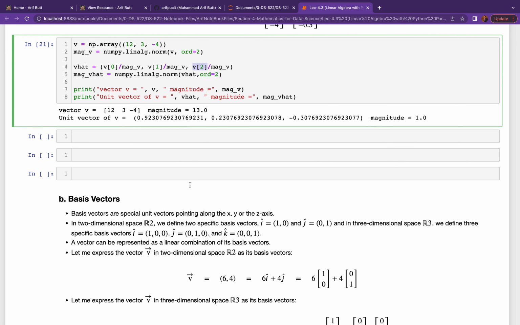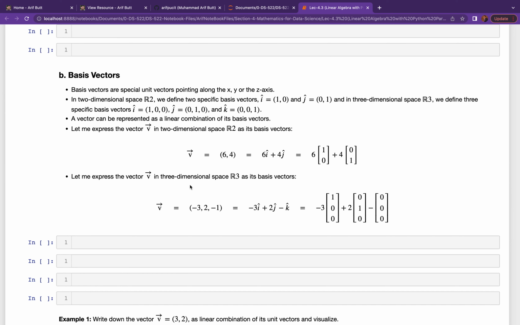So after the unit vector, let's talk about the basis vector. My dear friends, basis vectors are special unit vectors pointing along the x or the y axis. In two-dimensional space, i hat is the basis vector having a magnitude of 1 and pointing towards the positive x-axis. And similarly, this j hat is the basis vector having a magnitude of 1 and pointing towards the positive y-axis.